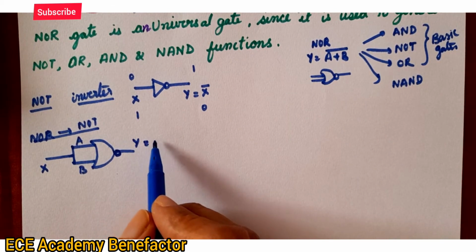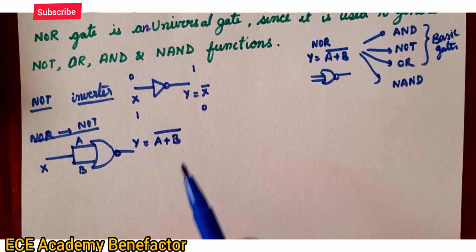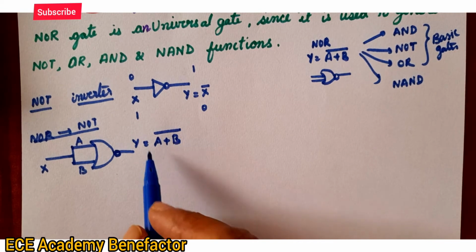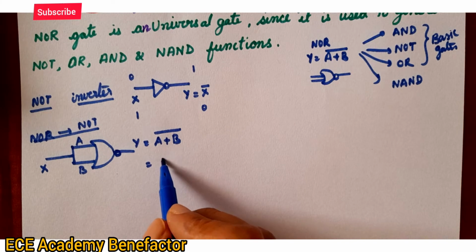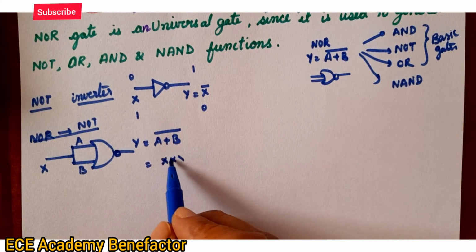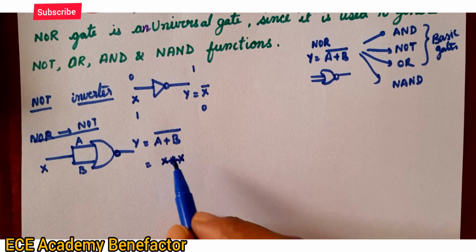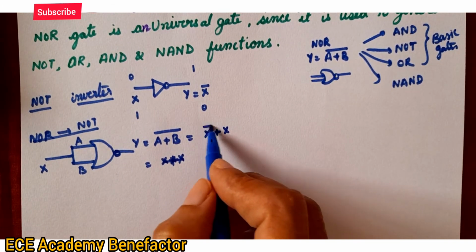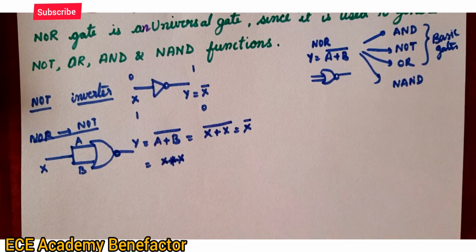So what is the function? If the inputs are A and B, NOR expression is A plus B the whole bar. When they are connected together, what are we getting? X plus X, I will write again, is equal to X plus X the whole bar. X plus X is equal to X, so it will come as X bar.